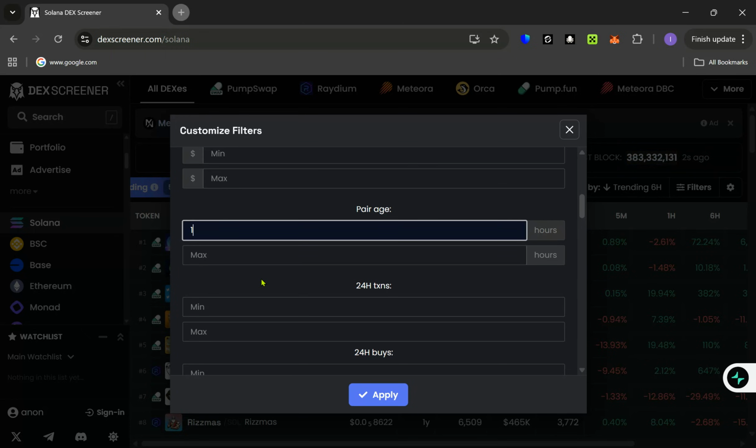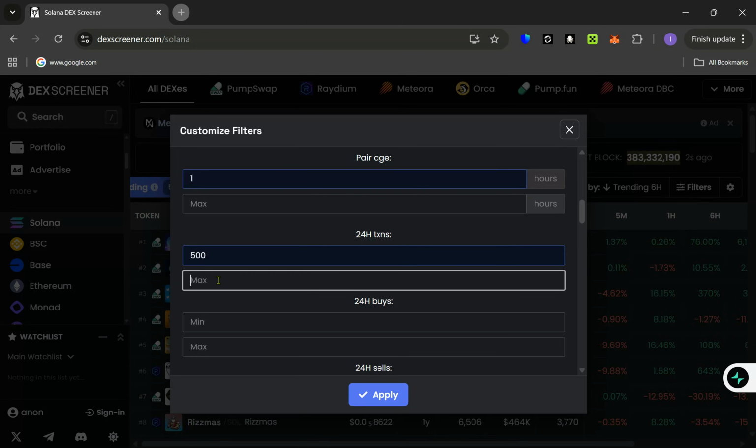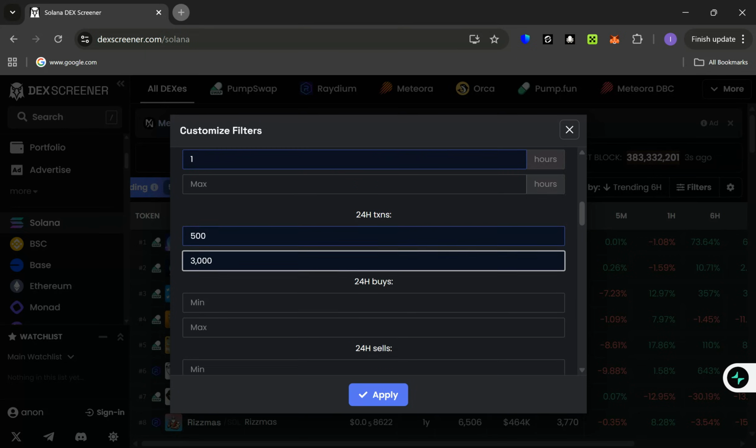For me, I start mostly from 30 minutes to 1 hour, maximum of 2 hours actually. If I want to trade for a day, not for holding, there is a way that you can find tokens to hold as well. And then 24 hours transactions, not much actually. You can put any amount that you think is right, mostly from 500 for me, to a maximum of maybe 3,000 or something you want. Yeah, for me, that's what I do.